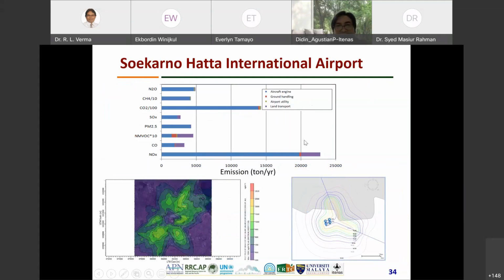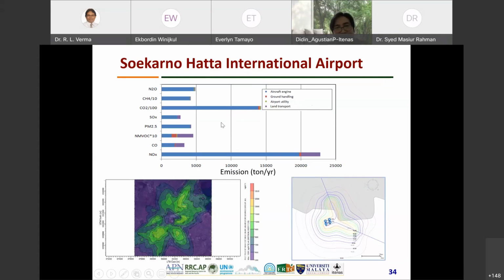So we estimate the emissions from aircraft engine and then also from ground handling. For example, when the aircraft approach the terminals, of course, several facilities should be provided, towing, etc. And then the airport utility, like power generation inside the airport, and also the land transport, from the traffic activity from the passengers.